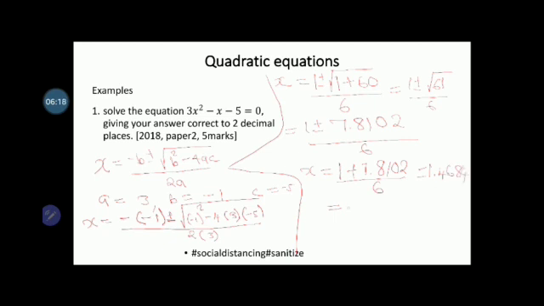That's before you round off, and this is approximately 1.47, because the question says correct to 2 decimal places.